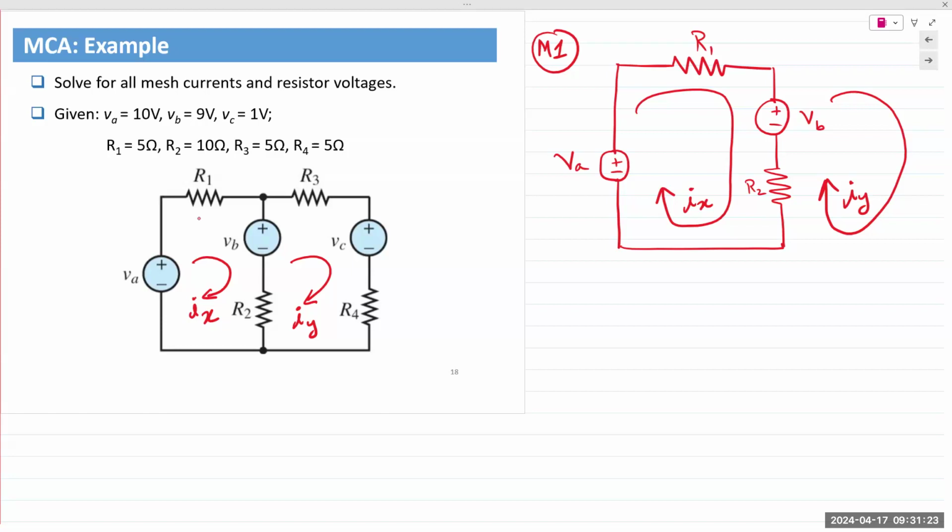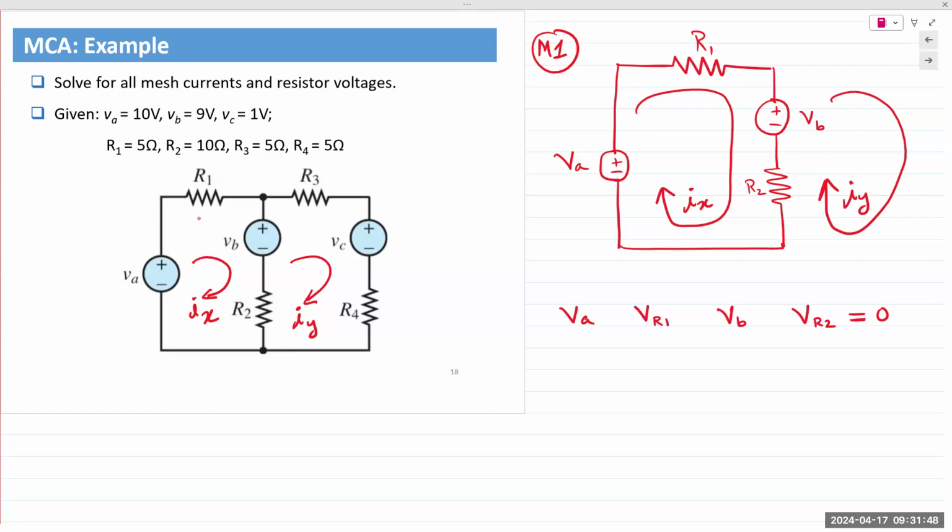Voltage sources, 2 resistors. So total voltages in my KVL loop, 4 terms, right? 4 terms. So 4 terms, starting from the bottom left corner, I'm going to write out VA, VR1, then VB, and then VR2 should all sum up to 0.